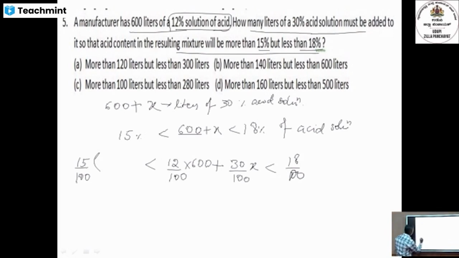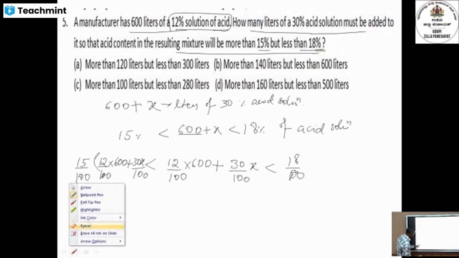So that will be 12 by 100 into 600 plus 30x.